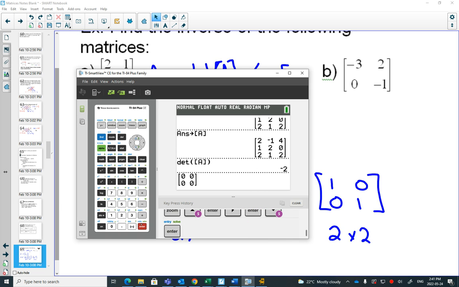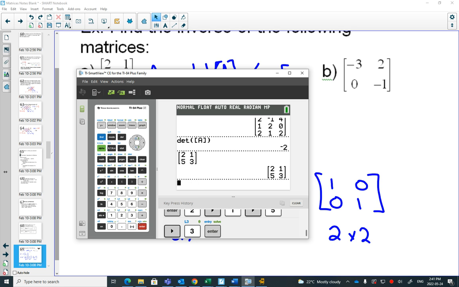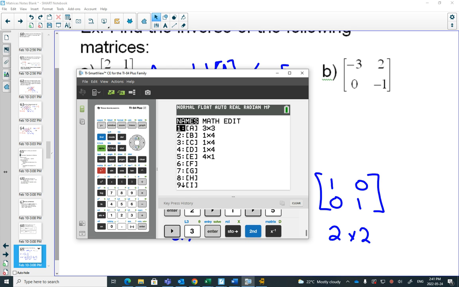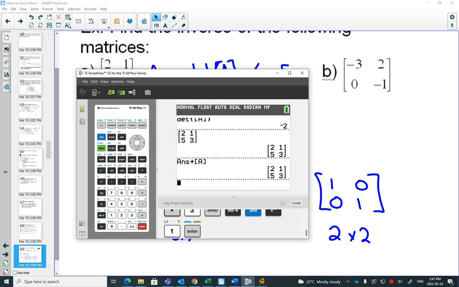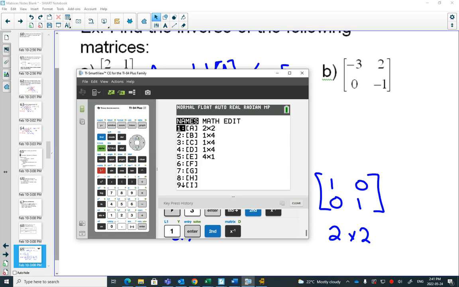So matrix A was 2, 1, 5, 3. I'll store that as matrix A. Now, if you go to matrices and math, notice that there was no inverse listed there.